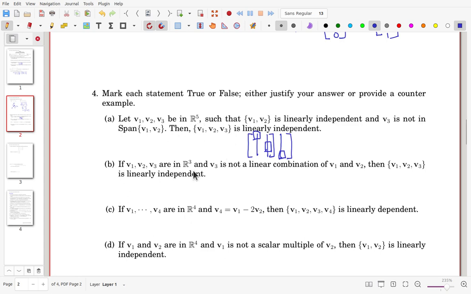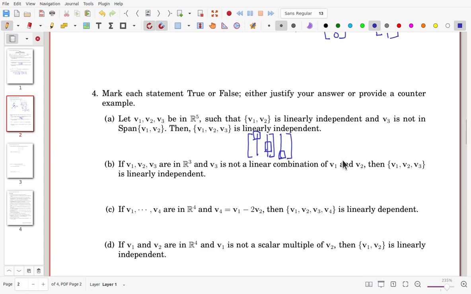Okay, these are in R3, and V3 is not a linear combination of V1 and V2. Then these are linearly independent. Is it true? Here, for example, there is no other condition, so that V3 is not a linear combination of these two.